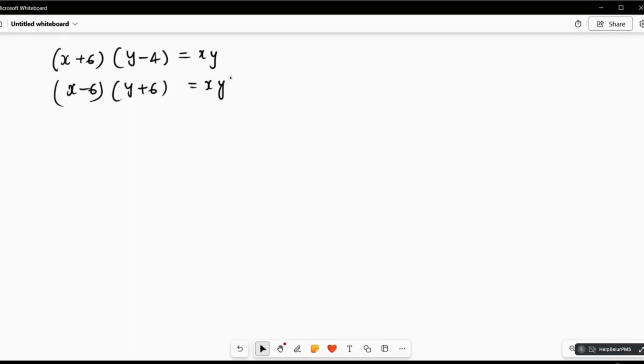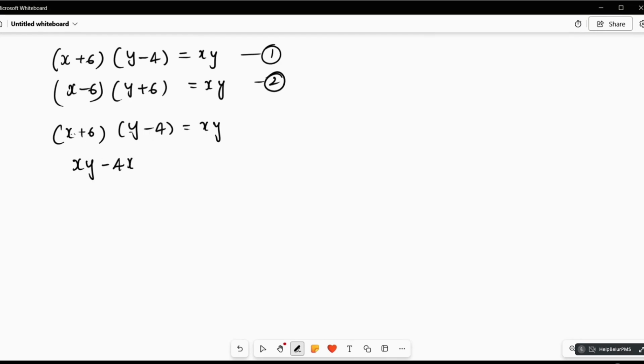Two equations are there. Now we will try to simplify. I will take the first equation, x plus 6 into y minus 4 is equal to x into y. So x into y is xy, then x into minus 4 is minus 4x, plus 6 into y, 6y, minus 24 is equal to xy.